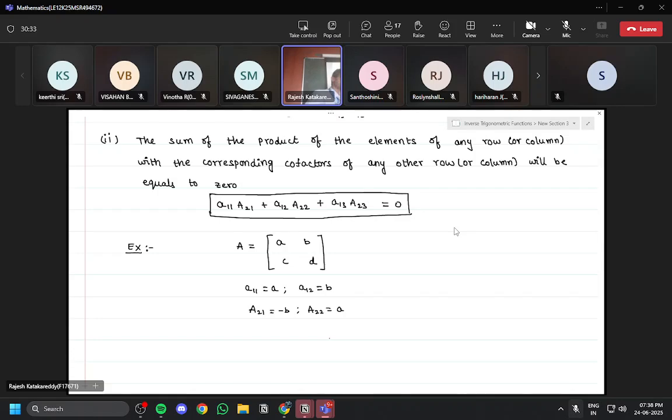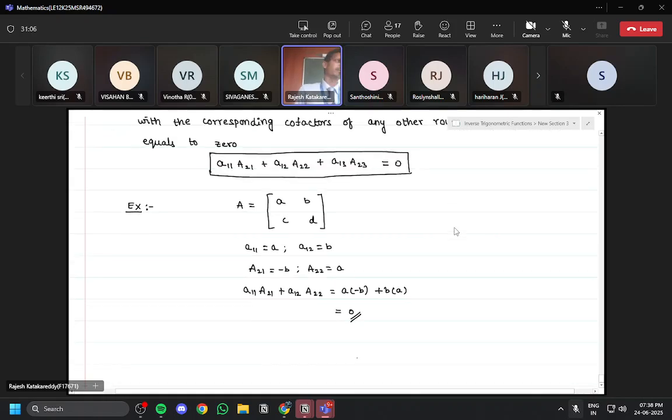So A11 and A12 are A and B respectively. Cofactor of the second row first column element will be equal to -1 into delete the row and column. So A22 is like delete the row and column. This one. Sign also I am using here. Now if I do A11 into A21 plus A12 into A22, this will be equal to A into minus B plus B into A. This one we can clearly see is equal to 0.